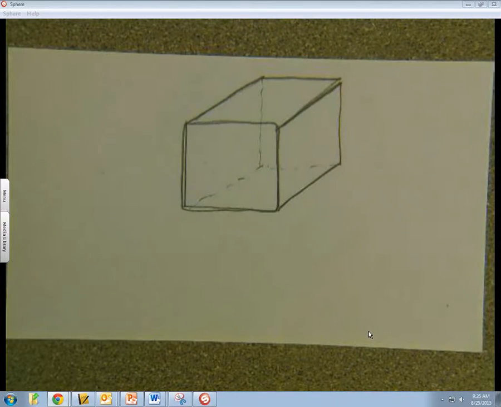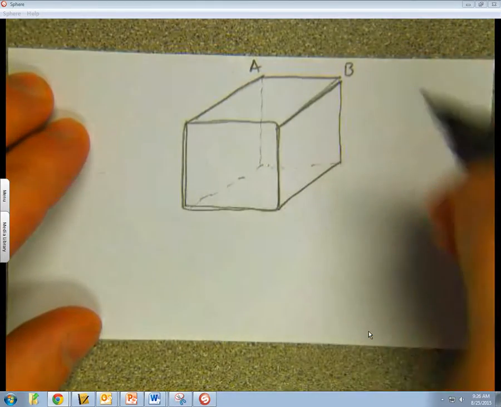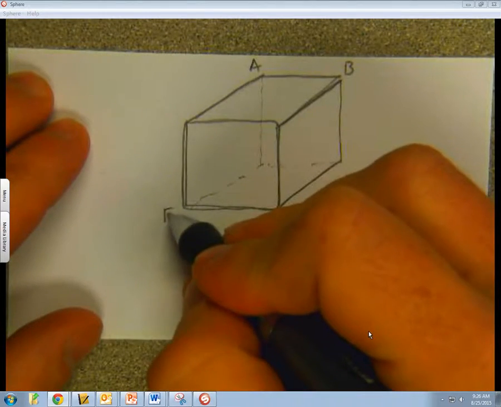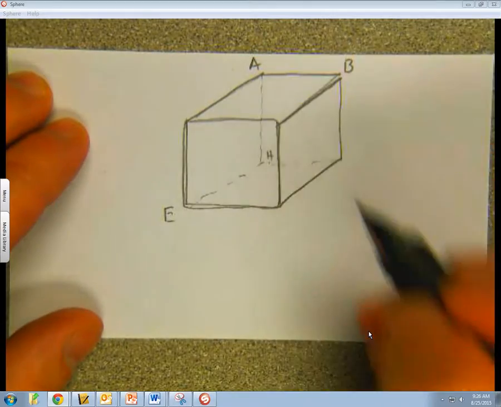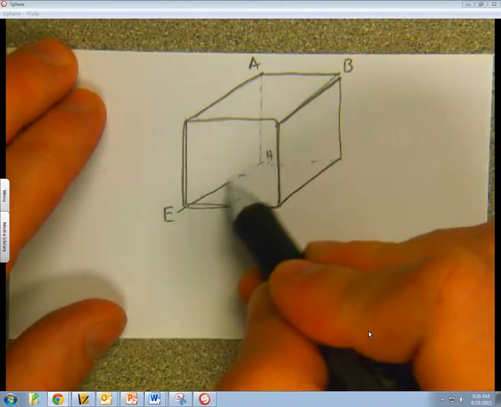Skew lines. Okay. Let's say we've got AB right here, and we've got EH right here. Here's this line right here, and it extends out forever.